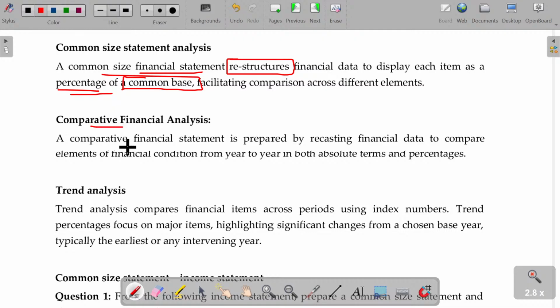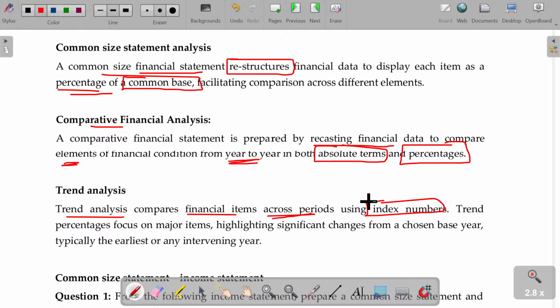Comparative financial statements are prepared by recasting financial data to compare each and every element of financial condition from year to year in both absolute terms and percentage. Absolute means directly comparing the differences in the value. Trend analysis compares the financial items across periods using index numbers like the cost inflation index.